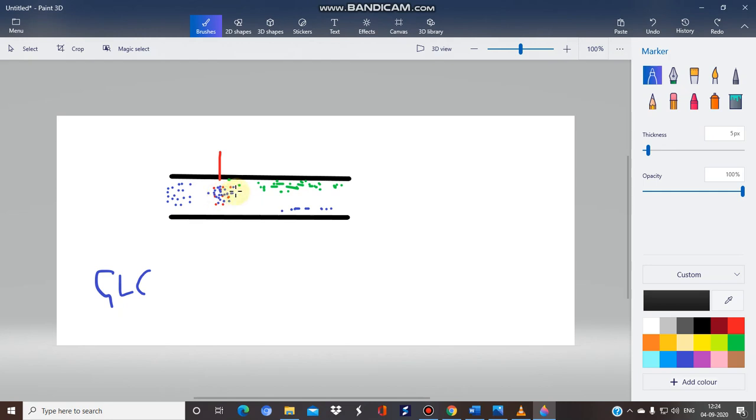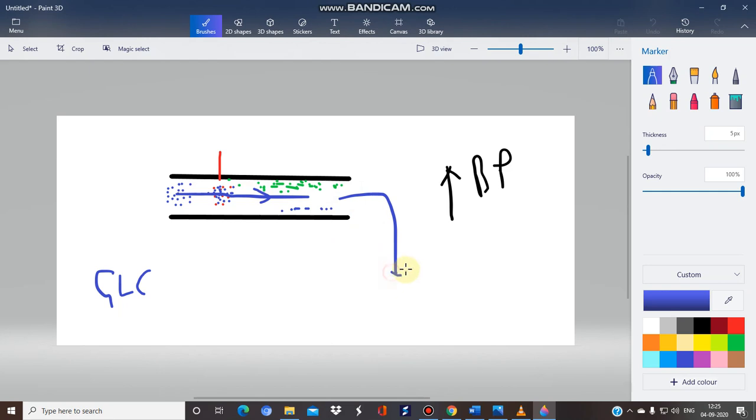So what happens when this sample interacts with the stationary phase? In case of GLC, we are using a liquid stationary phase that is on the solid support. Generally in GLC, we are using a stationary phase having a high boiling point. So what happens when the analytes present in the mixture interact with this stationary phase? The gas particles have the property of moving.